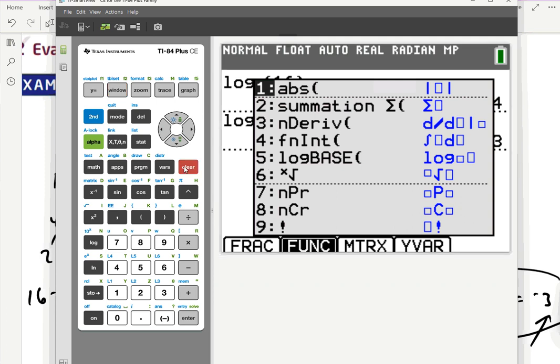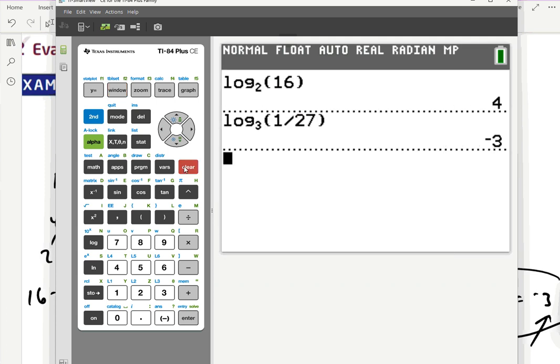Now, if you have an older TI-84 calculator, maybe a TI-83, you're not going to have that log base. The log base function is a little messy. So what you can do is just do log.